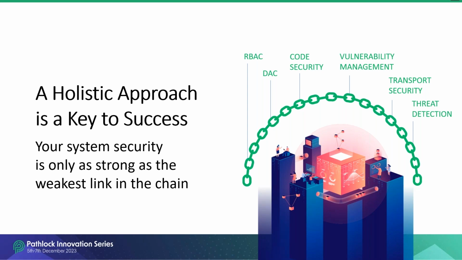And then we have threat detection as one chain part here. Threat detection means that you detect the behavior of your system and your users in real time and detect anomalies, so that you are aware of things happening in this landscape.